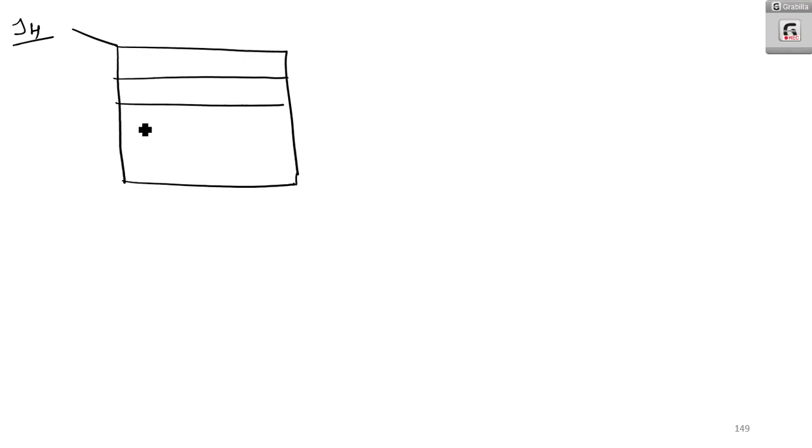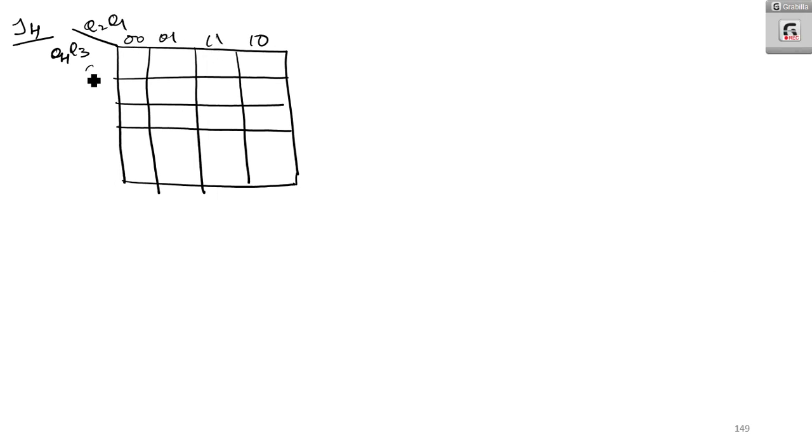So I am drawing a 4 variable K-map. This is Q4, Q3, Q2, Q1, with 0, 0, 0, 1, 1, 1, 1, 0. Cells numbered 0 to 15.